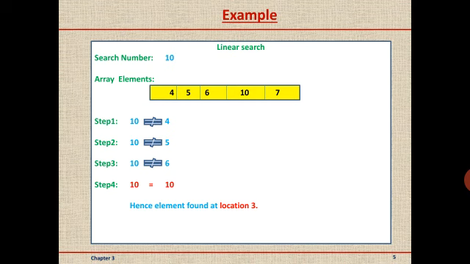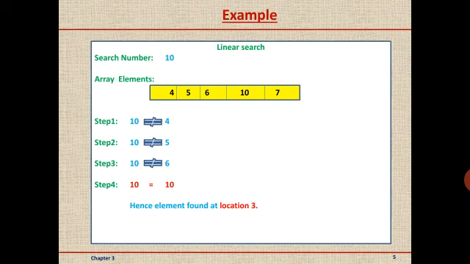In step 1, the search number, that is 10, is compared with the first element of the array, that is 4. We know that 10 is not equal to 4. Hence, the search continues. We can see we are using the for loop in the algorithm. In step 2, 10 is again compared with the element 5. We know that 10 is not equal to 5. Hence, again we go to the next number.